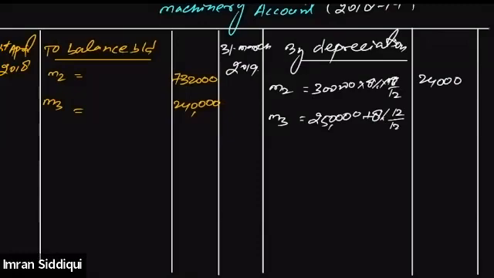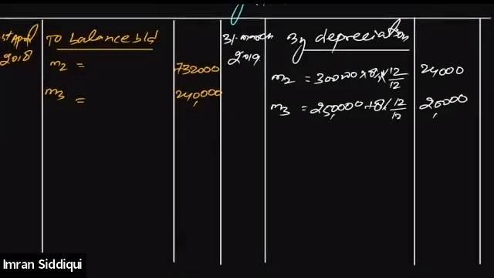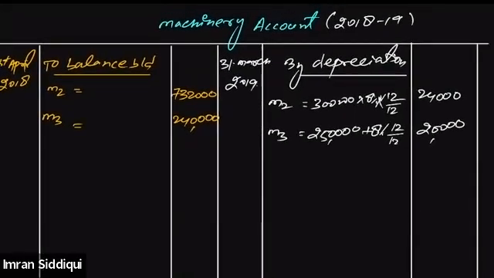Multiplying 2,50,000 into 8%, this will be 20,000. Done? Understood, everybody? Vanisha, is that clear to you? Yes, sir.